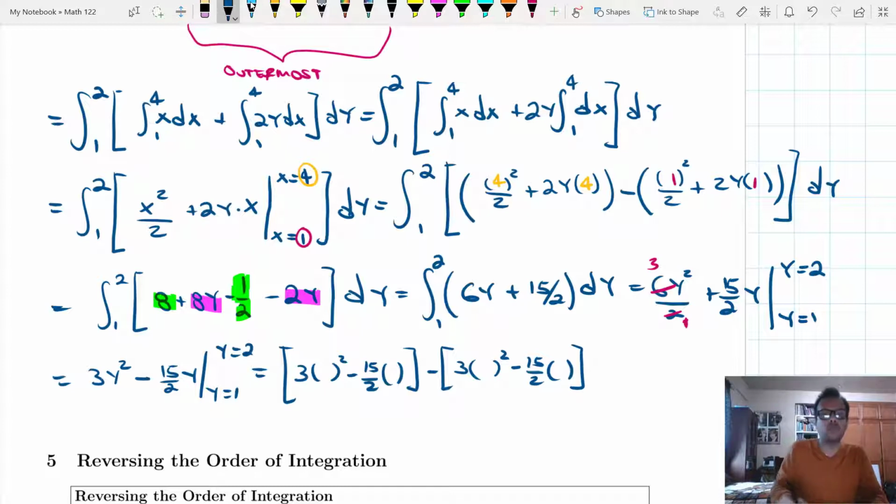What are going to be those quantities? First we are going to have 2 and then 1. Let's go ahead and simplify this. Here we're going to have 2 squared, which is 4, times 3. That's going to give us 12.